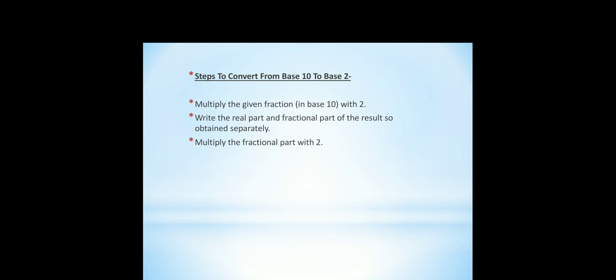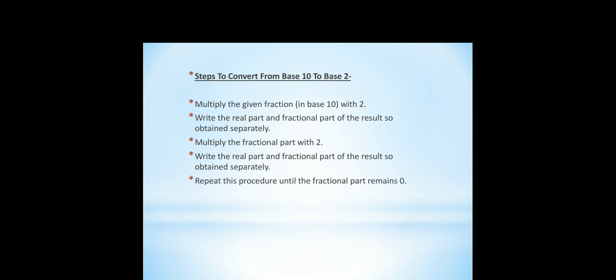Only the fractional part is multiplied by 2, and this process is repeated until the fractional part becomes 0. If the fractional part does not terminate at 0, find the result up to as many places as required. So let's see the example.